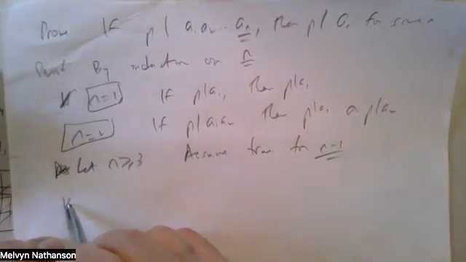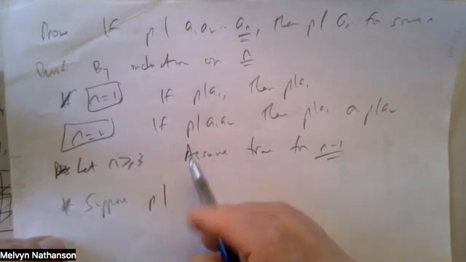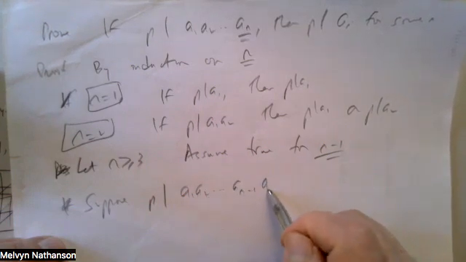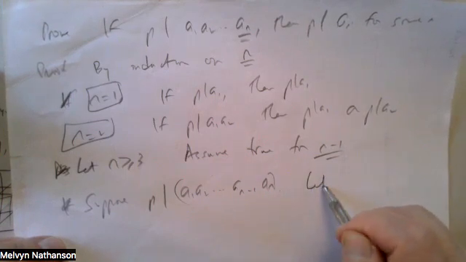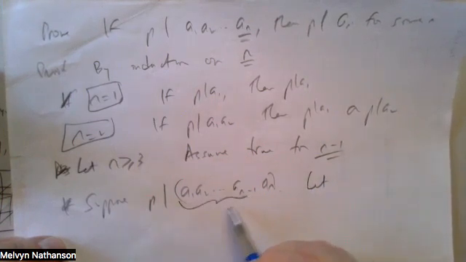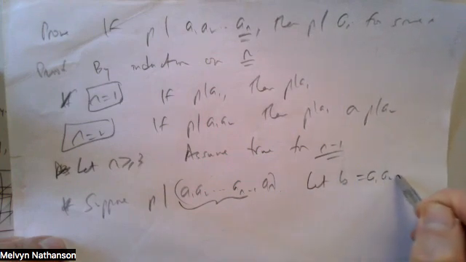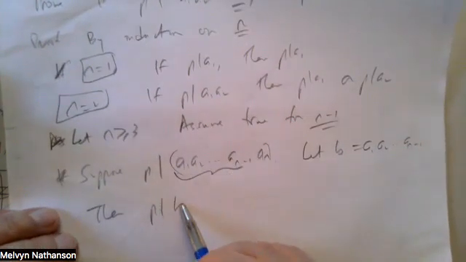So suppose P divides A1, A2, up to A sub R minus 1 times A sub R, this product of R numbers. Well, I can call the first R minus 1 of them B. So suppose I let B be A1, A2 up to A sub R minus 1. So then P divides B times AR, because B is this product.